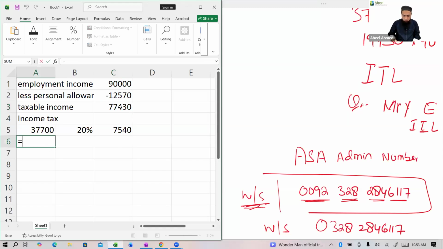So we'll take 77,430 and from this I will deduct 37,700. That gives me 39,730. The applicable income tax rate is 40%.